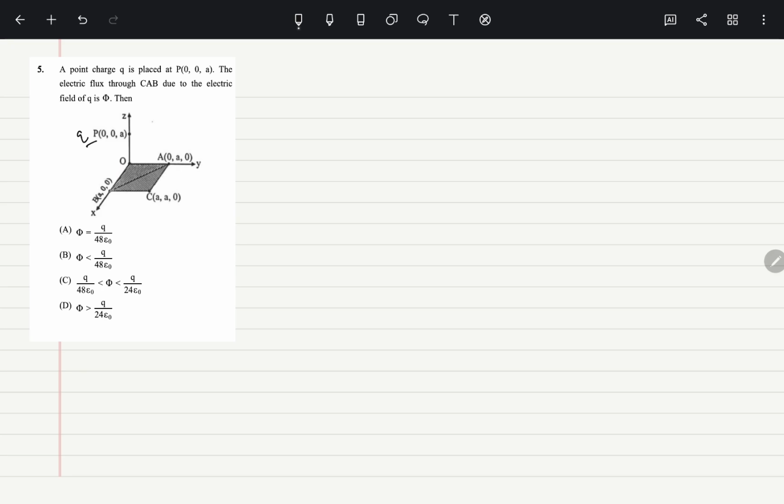To find the flux through this square face OACB, we'll use symmetry. Assume 5 more faces, just to make a cube. When you make a cube, this Q charge will come to the corner. You just need to imagine this.